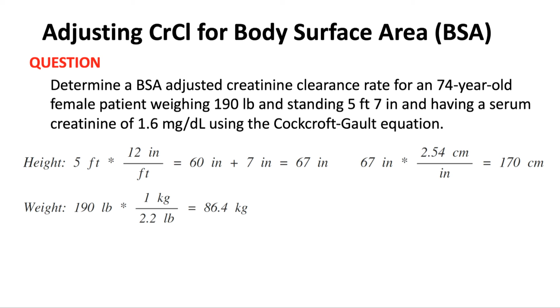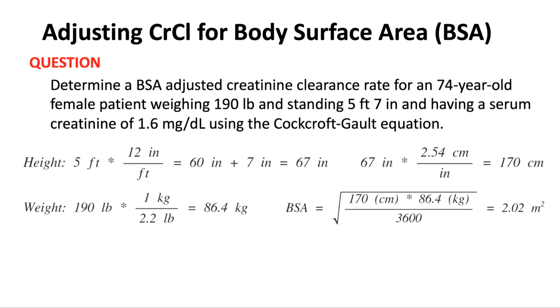We take her weight, 190 pounds divided by 2.2 gives us 86.4 kilograms. Now we can use the body surface formula, which takes their height of 170 centimeters times their actual body weight of 86.4 kilograms. Multiply those, divide that by 3,600, take the square root, and we see that this patient's body surface area is 2.02 meters squared.